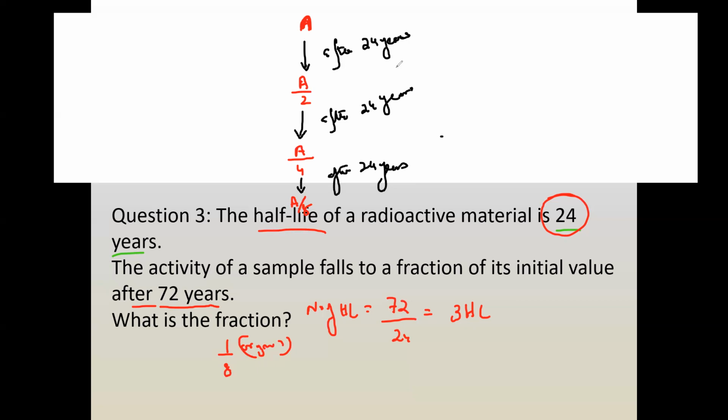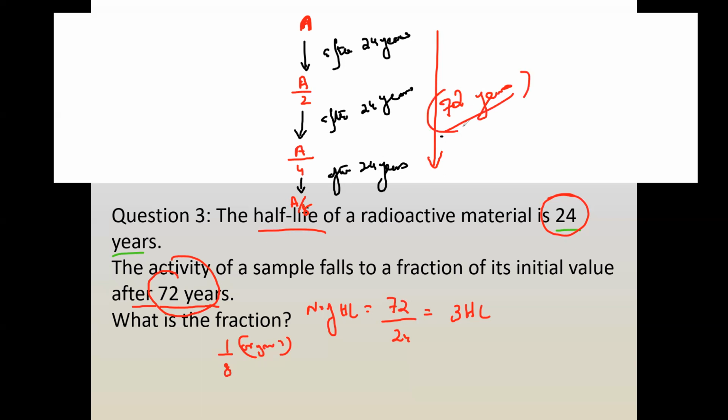In the question they ask how much is there after 72 years. So 24 plus 24 plus 24, this total interval will be equal to 72 years.